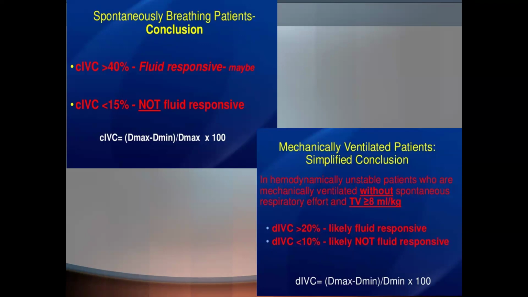Sometimes we have limitations, like in ARDS patients or right-sided heart failure patients, with high peak pressure or low tidal volume, so we cannot interpret it because it will affect the tension of the IVC and its distensibility. We have a cutoff value here. If the distensibility index is more than 20%, the patient is likely to be fluid responsive. If it is below 10%, the patient is surely not likely to be responsive.